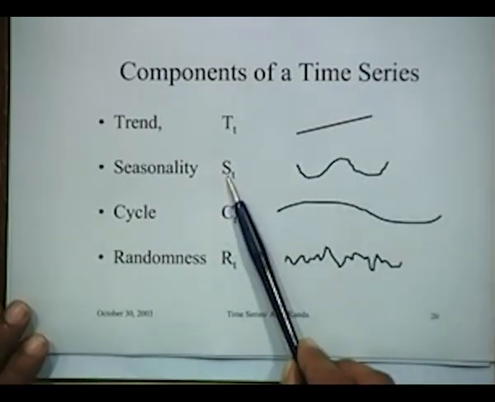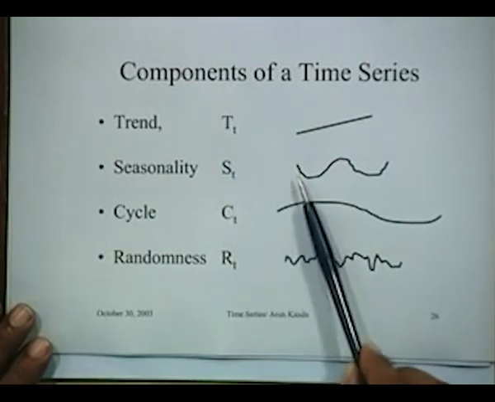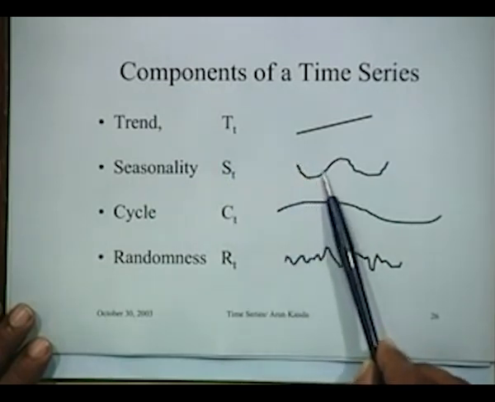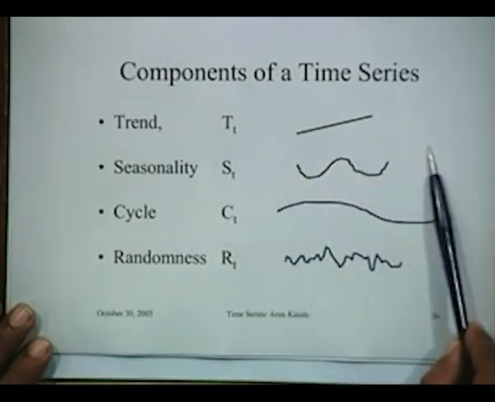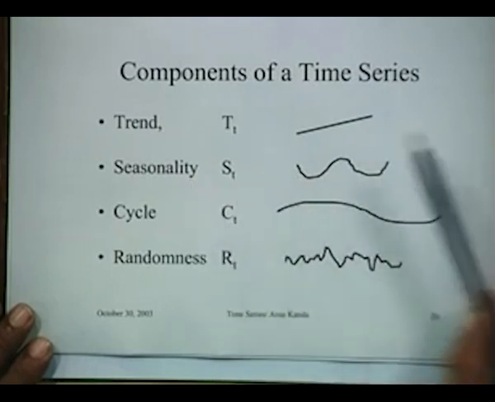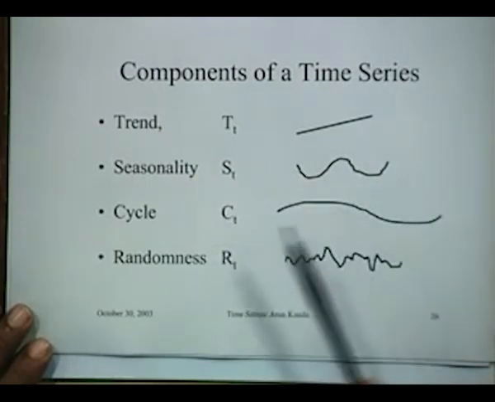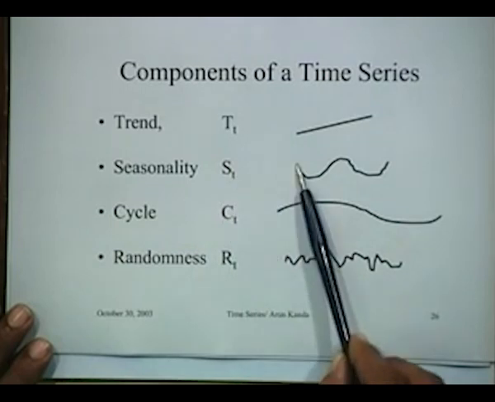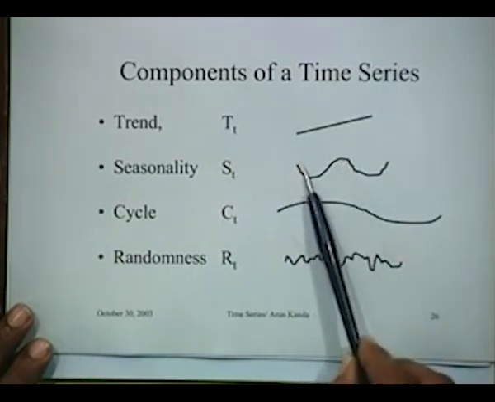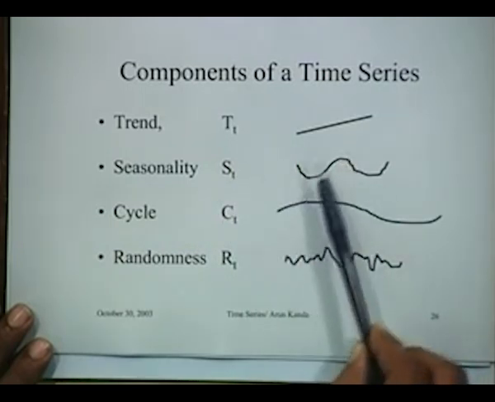Secondly, it might have a seasonality. That means the values might tend to go down and then go up and then go down and go up, so that is the seasonality component of the demand. Seasonality is generally, over a year, over the seasons.